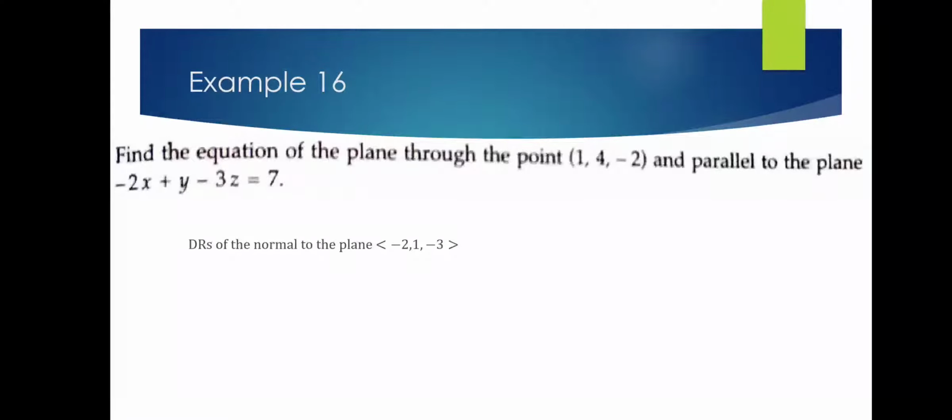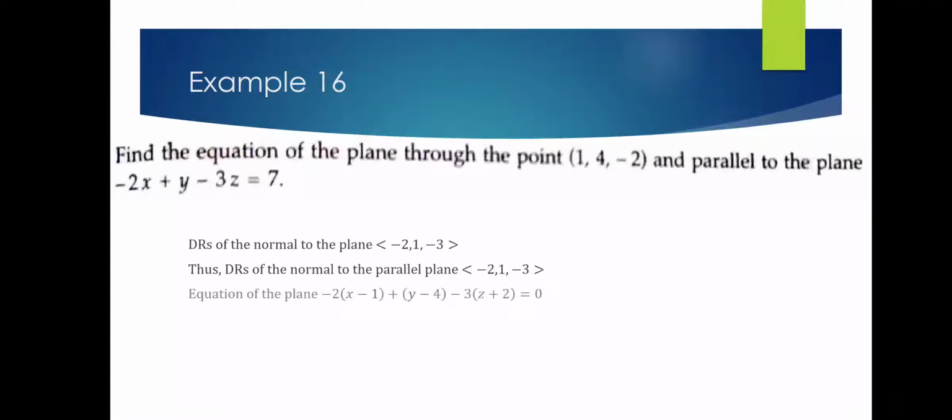Or we can do it a different way: whatever is the direction ratio of the plane, that is minus 2, 1 and minus 3, and I know the point 1, 4 and minus 2. Using that we can find the equation of the plane, that is minus 2x plus y minus 3z equals 8. Fine.